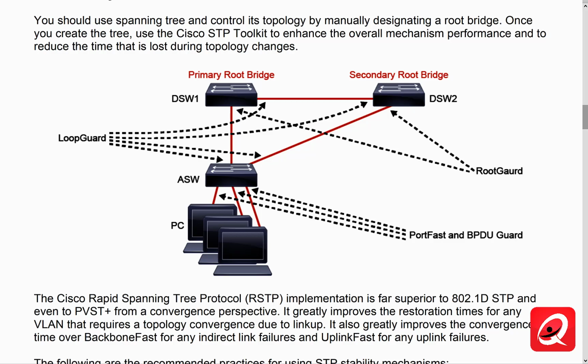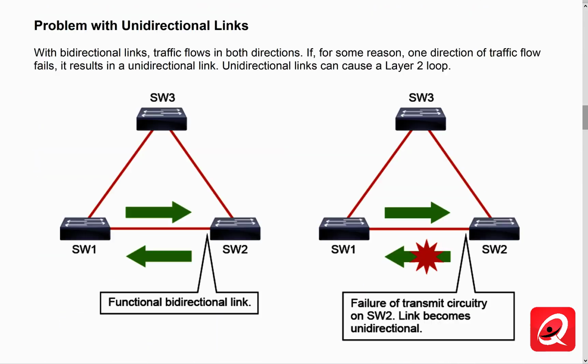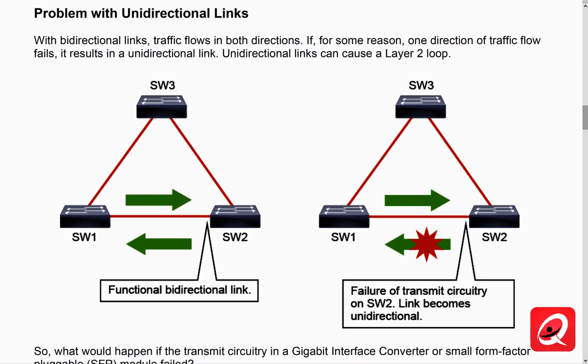So unidirectional links, that's a good segue. We just talked about that, or just brought it up anyway. Unidirectional links can cause a problem in a spanning tree environment as well. A unidirectional link is any link where traffic is only flowing in one direction. Now, we would typically see this with fiber optic connections, because fiber connections have a separate strand of fiber for transmit and a separate strand of fiber for receive.